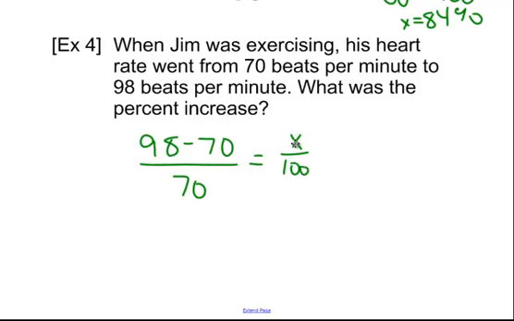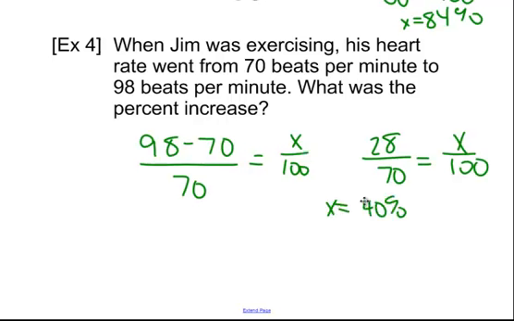So 98 minus 70 is 28 over 70 equals x over 100. And when we cross multiply, we end up with 40. So x equals 40%. And then you'd write a sentence. You would say the percent increase of Jim's beats per minute when he was exercising was 40%. Something like that.